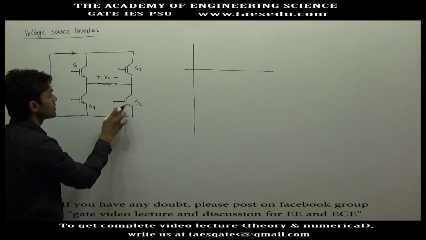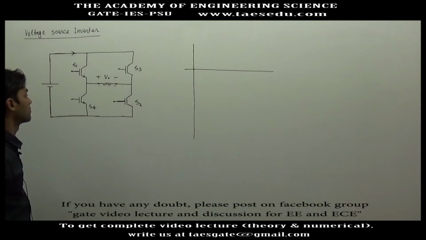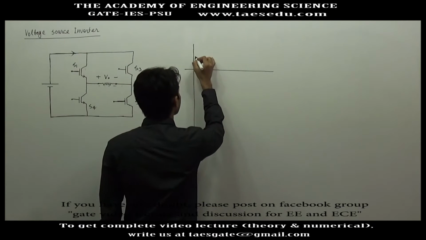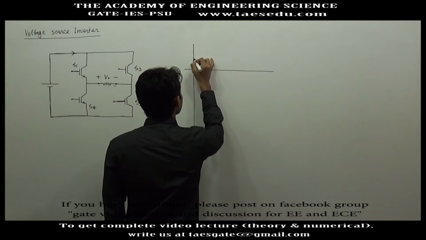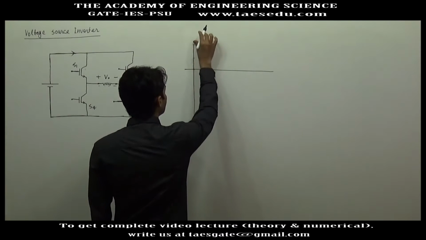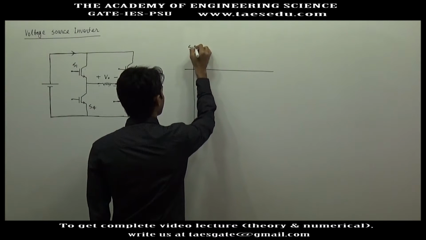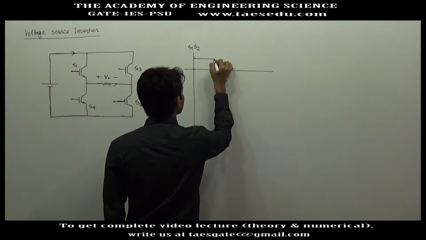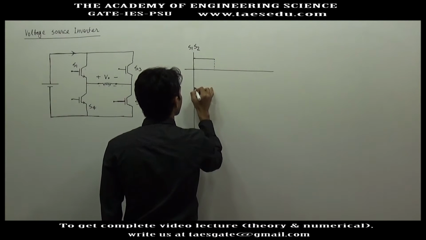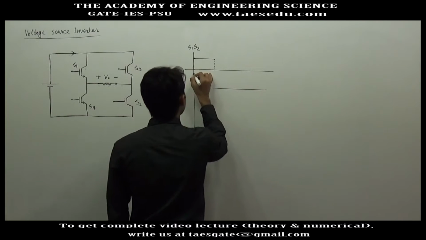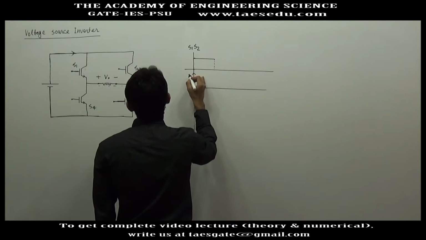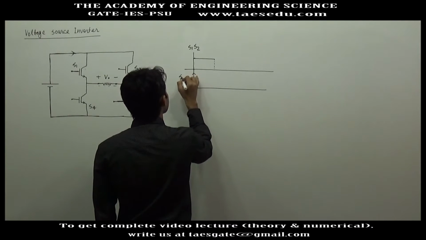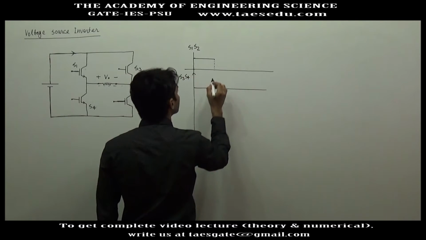So both switches will be turned on at the same time. Let's say initially you have given signal to, let's say this is for S1 and S2, and this graph is for the signal of S3 and S4.